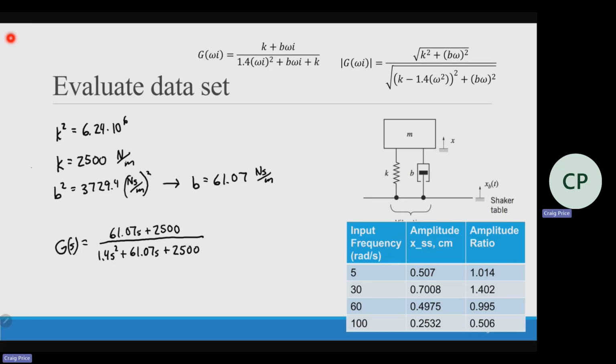So we found a B value, we found a K value, and then for our equation, which was just Bs plus K over Ms squared plus Bs plus K, now we have those two values that we can plug in there.